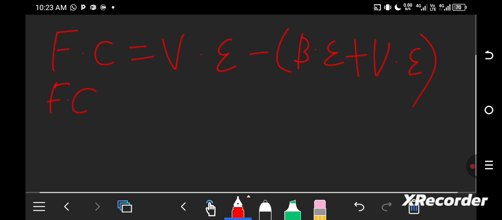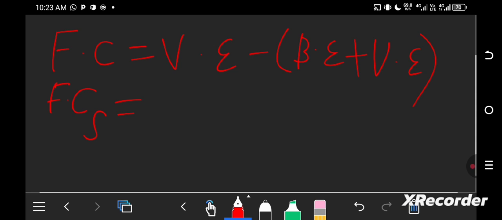Formal charge is equal to the valence electrons minus the bonding electrons plus the unshared electrons or non-bonding electrons. Let me begin with sulfur.